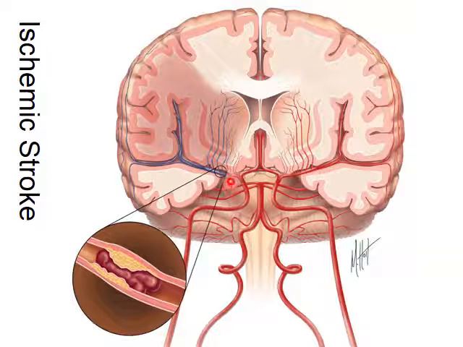If the stroke happens because of one of these small, look at these little branches coming off here, we call these the small penetrating arteries that come off of the large artery, okay? If a blockage happens in there, you're going to have a relatively smaller area of stroke, okay?